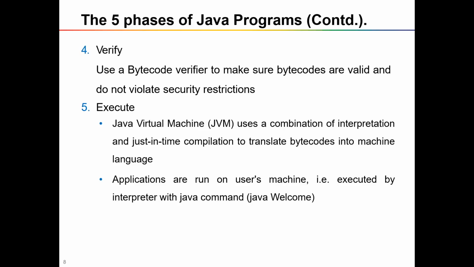The interpreter performs line-by-line conversion of bytecode into machine code, and just-in-time compilation converts the bunch of bytecode which is frequently executed inside the application into machine code.